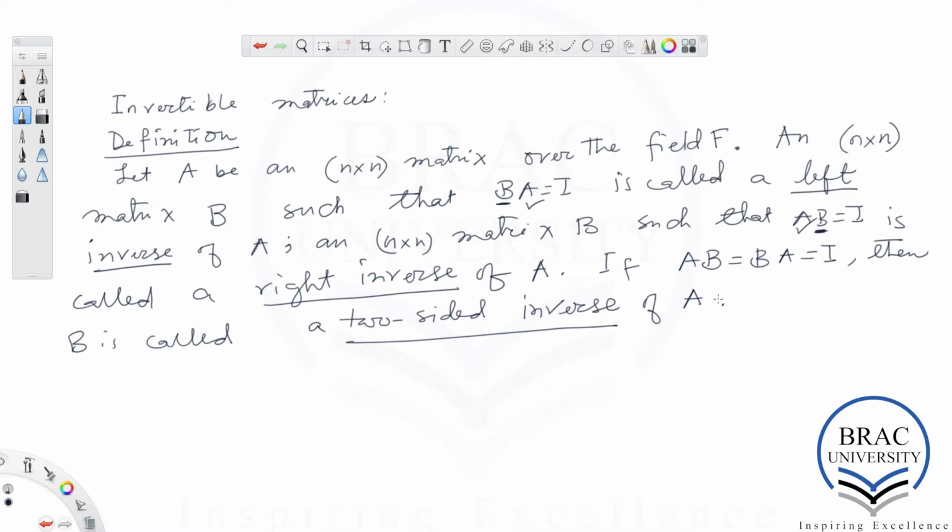Now we have a lemma relating the left inverse and right inverse of a square matrix.